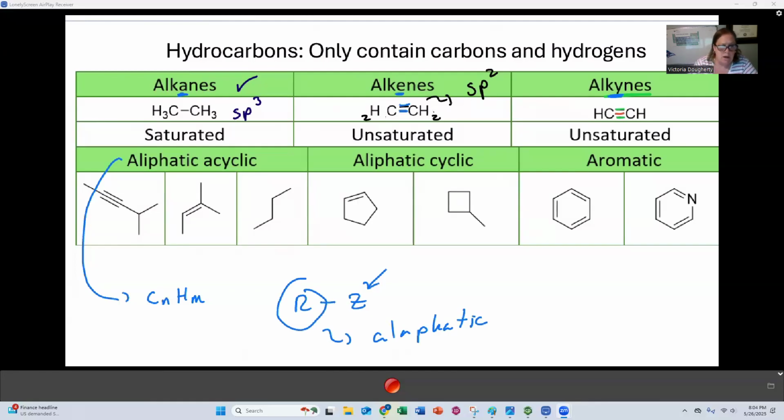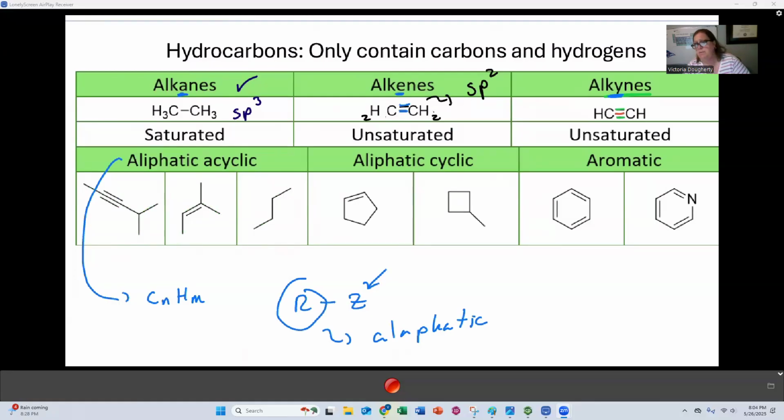They are what we call acyclic aliphatic compounds. Acyclic means everything's a chain. It can have these things coming off that we call branches. It can be double, single, triple. But at the end of the day, it's just carbons and hydrogens in a straight line.